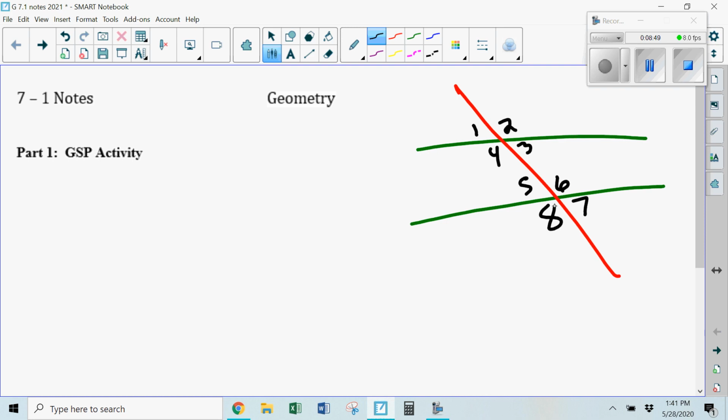So much like the video, there are 4 angles at the top and then 4 more at the bottom, making 8 angles. There are 4 relationship pairs. Let's write them down, again in any order. Let's start with alternate exterior.